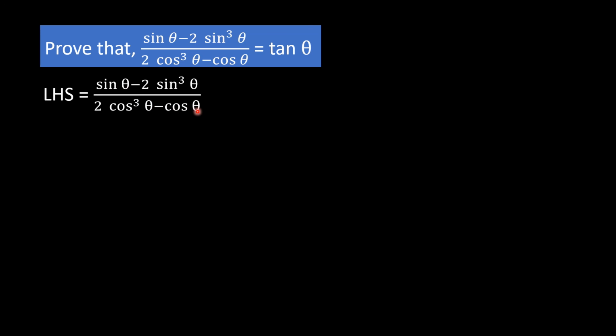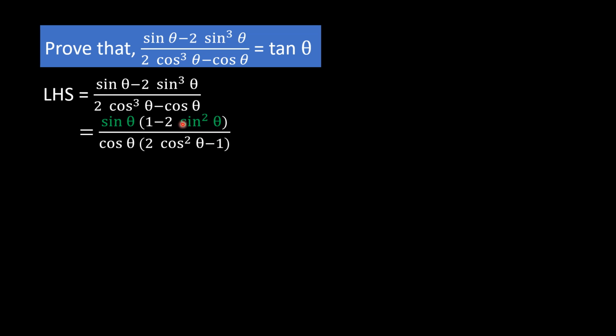So first we will take sin theta common from the numerator and cos theta from the denominator. So sin theta divided by sin theta is 1. 2 sin cube theta divided by sin theta is 2 sin square theta. 2 cos cube theta divided by cos theta is 2 cos square theta, and cos theta divided by cos theta is minus 1.